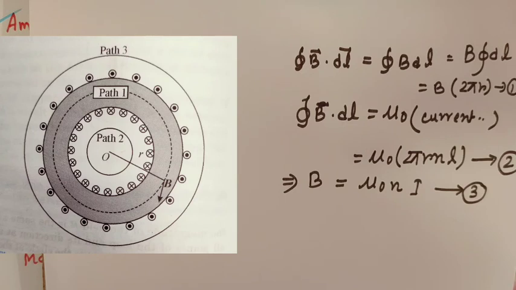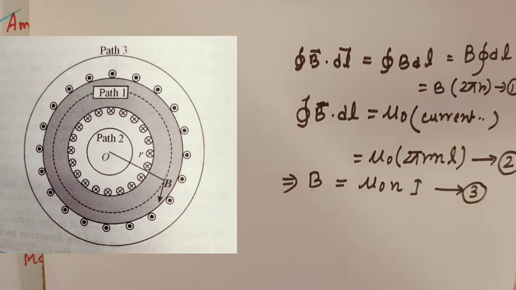Similarly, if there is any magnetic field at path 3, it will be everywhere tangent to the path and has the same magnitude at every point on the path. Each turn of the solenoid winding passes twice through the area bounded by this path, carrying equal currents in opposite directions. The net current passing through the area is 0, and hence by Ampere's circuital law, B is equal to 0 at all points. Thus, the magnetic field of a toroid is confined entirely to the space enclosed by the windings.